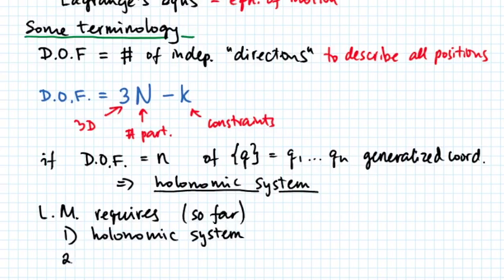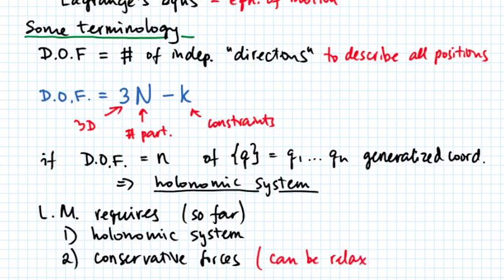And second, that we are dealing with conservative forces. In other words, forces for which a derivative of potential energy gives the force. As we will see later, this particular requirement can be relaxed.